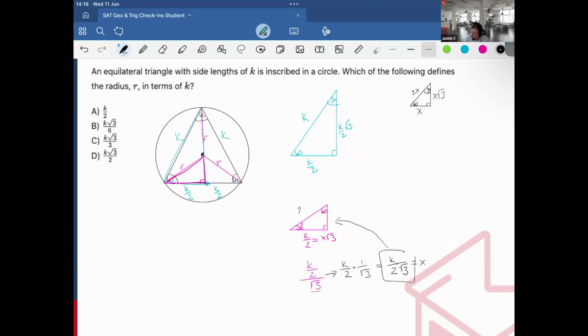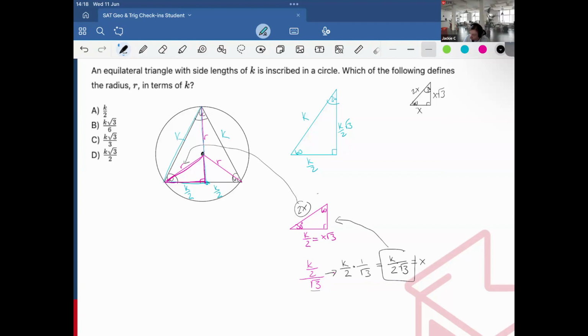Okay, so that's what this is. And then we want the radius, which is 2x, which corresponds here to the radius. So this is going to be 2 times k over 2 root 3, which is 2k over 2 root 3. However, you want to get rid of the square root in the denominator.